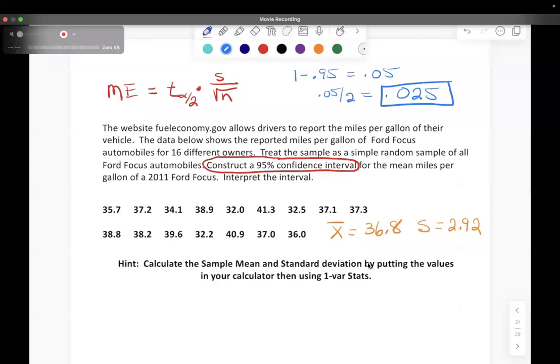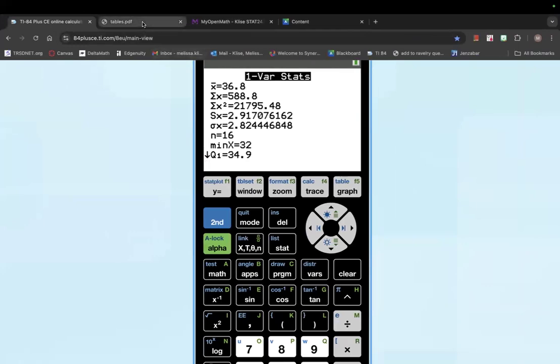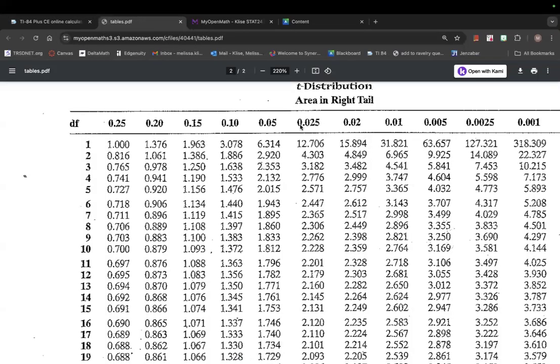Hopefully you're all still with me. Okay, so in the t table, we're going to use 15 and 0.025. Here's the 0.025, and here's 15, so it's right there.